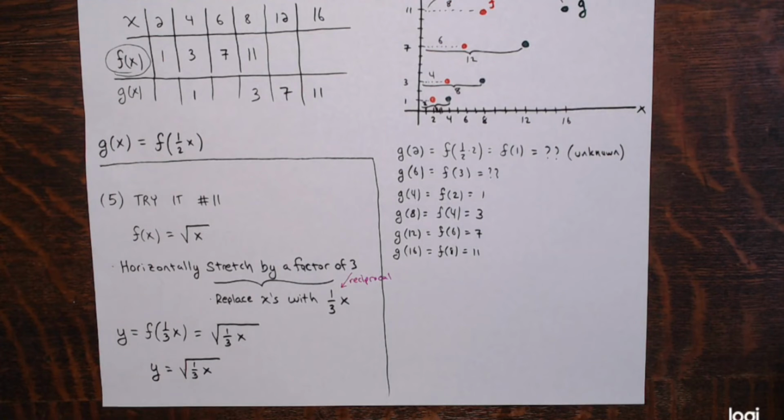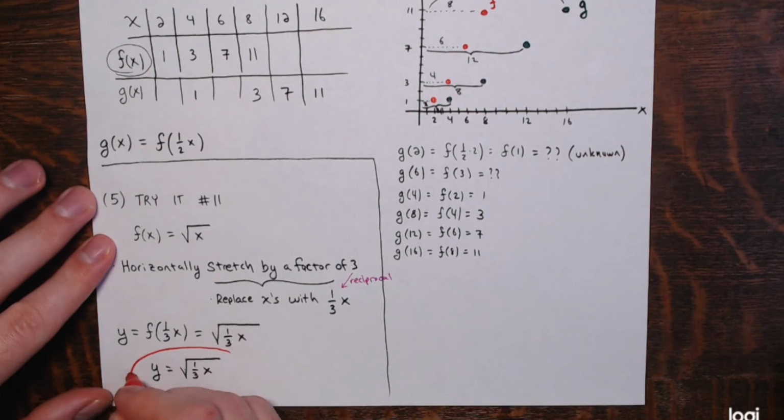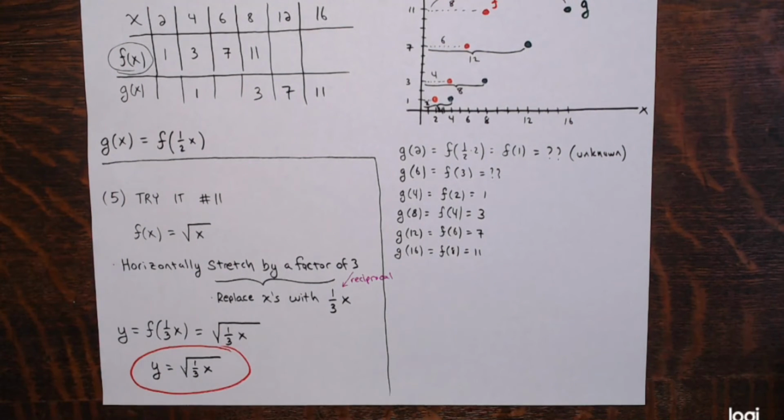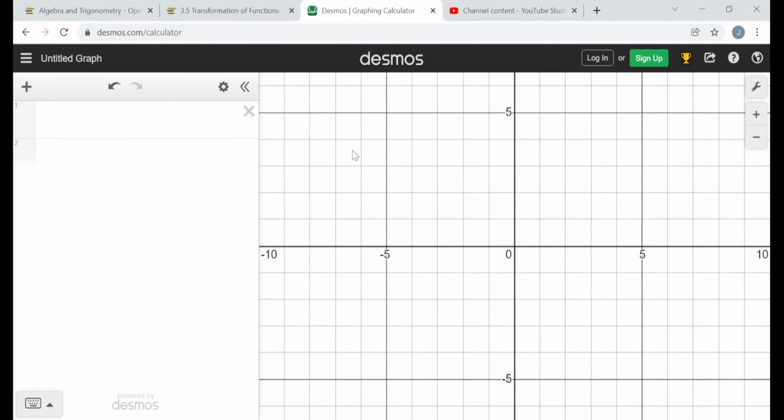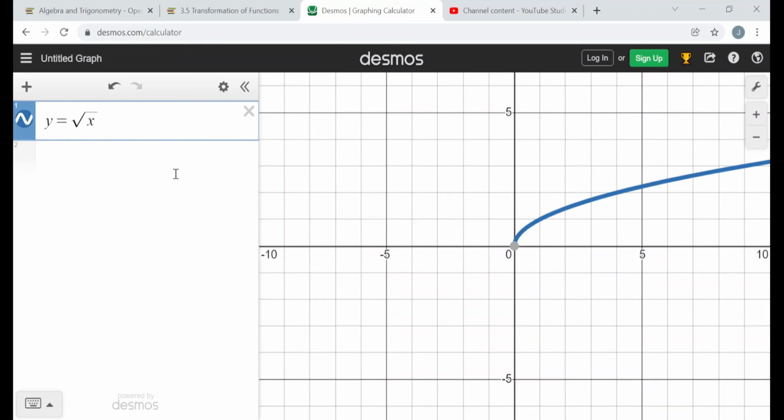And let's see that actually working out. I'm just going to show you on the Desmos site. So I go to that free online graphing calculator at desmos.com. The first function we're given is the square root function, y equals the square root of x, which you should know what that looks like.